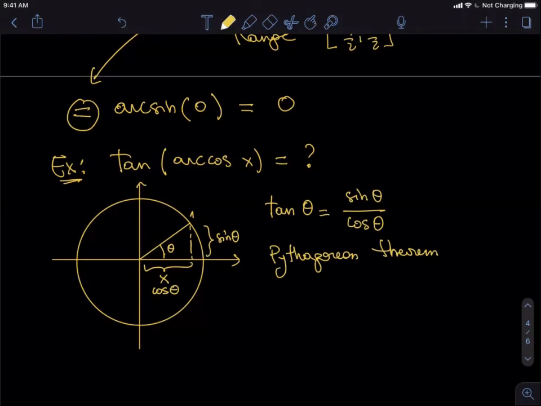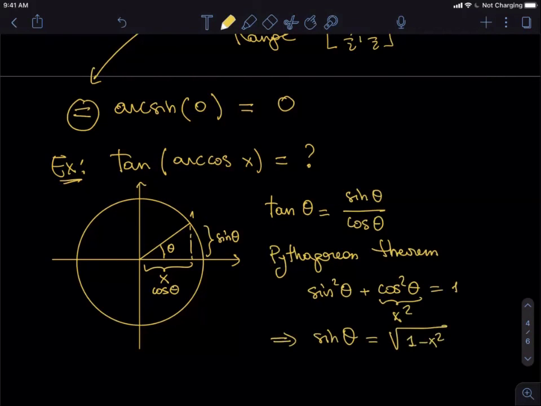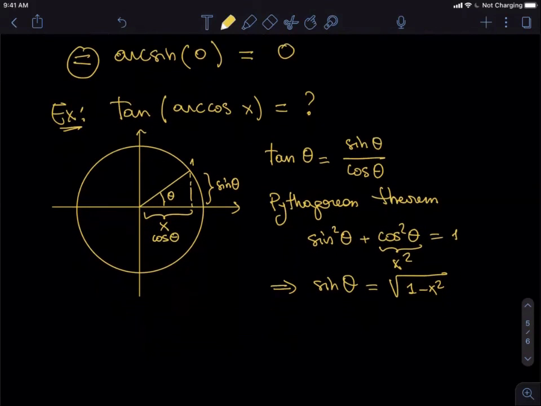And say, well, the sine squared of theta plus the cosine squared of theta equals 1. This here is x squared. So then the sine of theta is the square root of 1 minus x squared. So then the tangent is going to be the square root of 1 minus x squared divided by x.